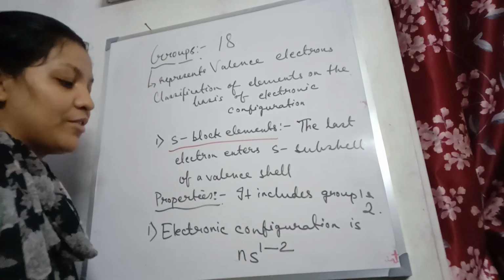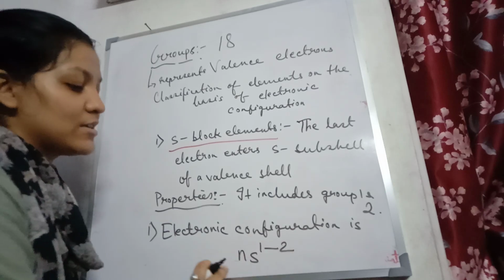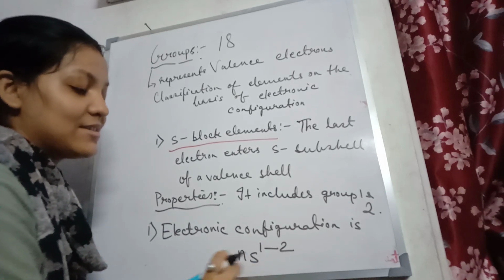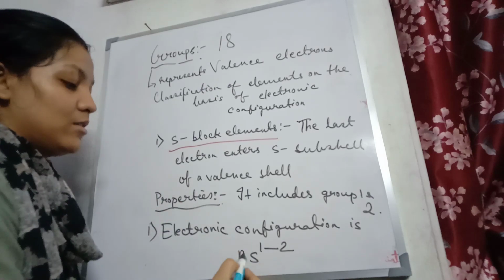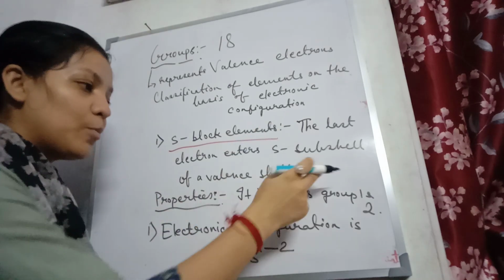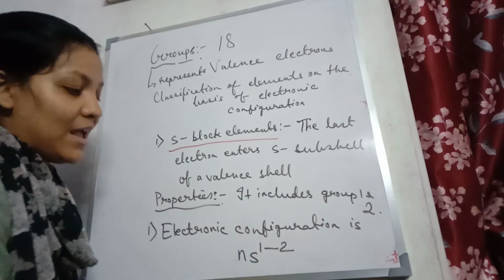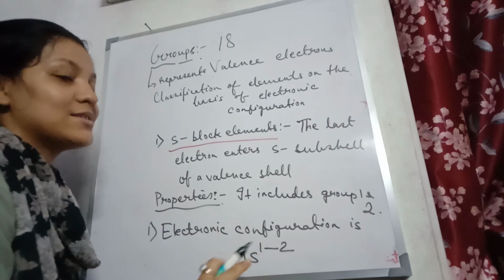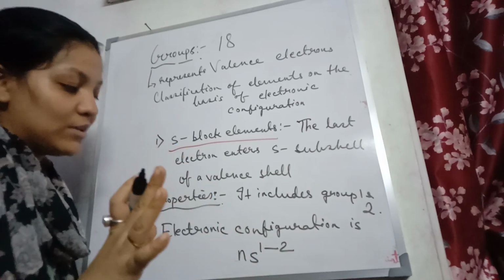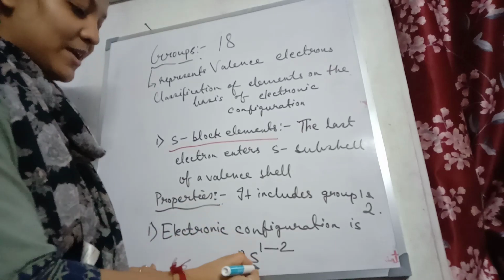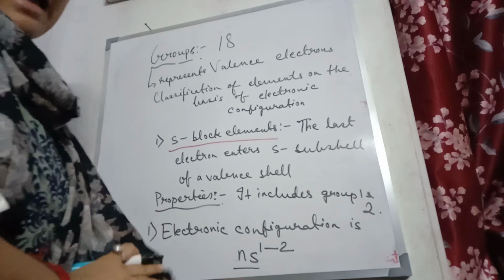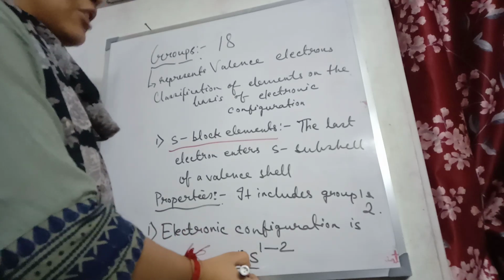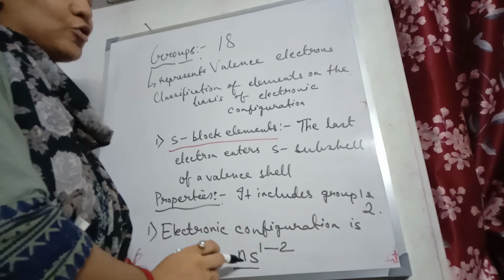This is the general configuration, and this ns is the valence shell configuration. For group 1 the configuration is ns1, and for group 2 the configuration is ns2. You need to know that this basically represents the valence shell. We might have the inner shell as well, but the valence shell configuration should be this.